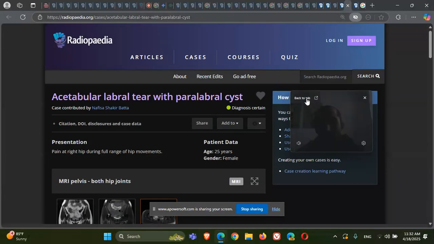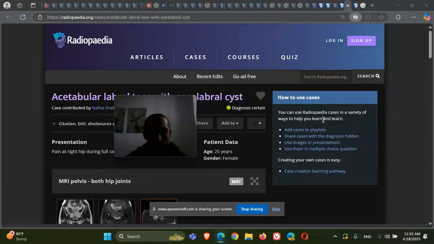Okay, so this is it about imaging of the hip. Very superficially, I just wanted to tell you the main subjects on hip imaging, and I didn't get too deep inside on every subject.